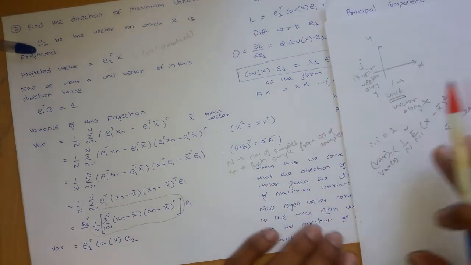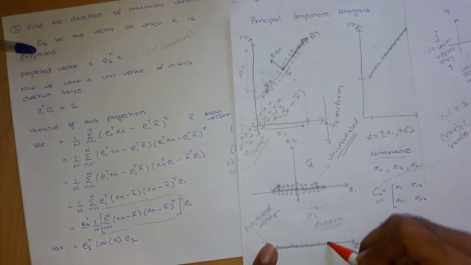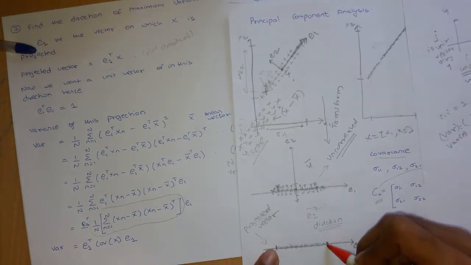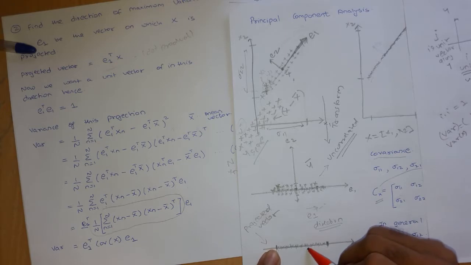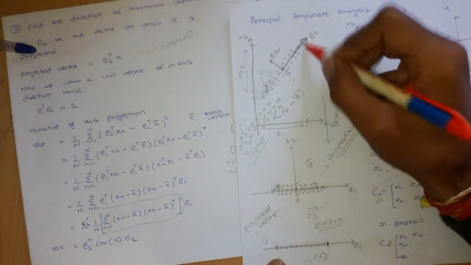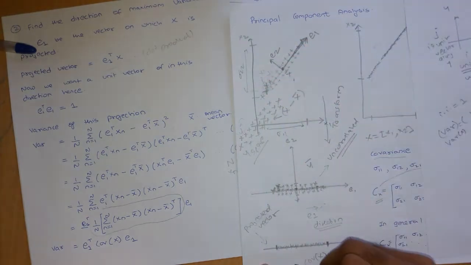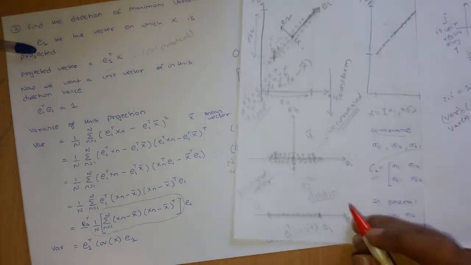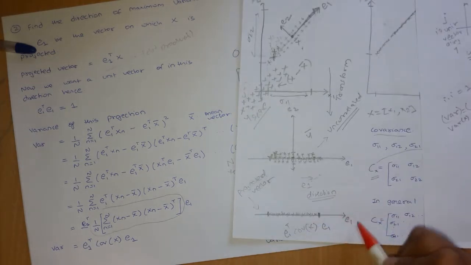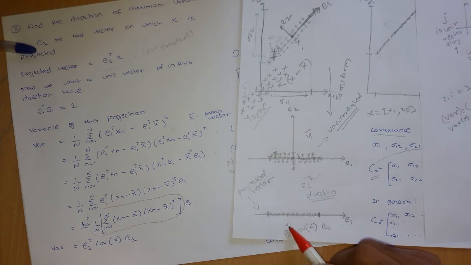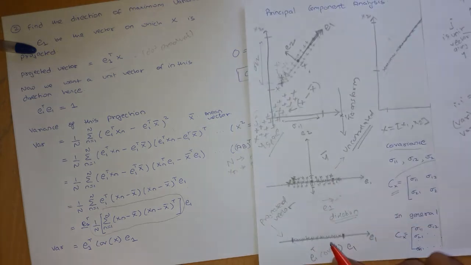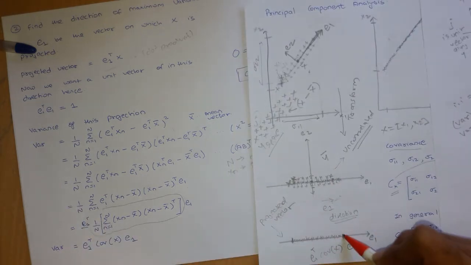So now we know that the variance of this projected vector is nothing but you take the covariance of x, you pre-multiply it with E1 transpose and post-multiply it with E1. So whatever axis you are choosing, you pre-multiply E1 transpose, that is with that axis, and post-multiply with it the covariance matrix of x, and you will find the variance along this particular axis.